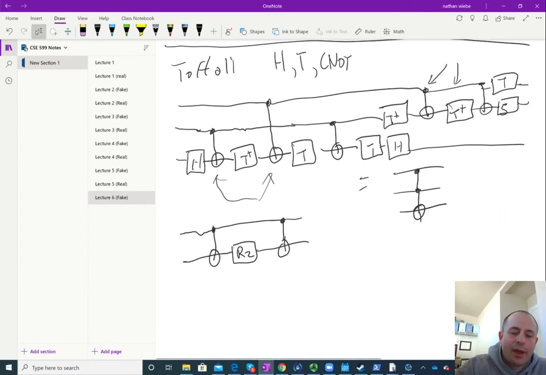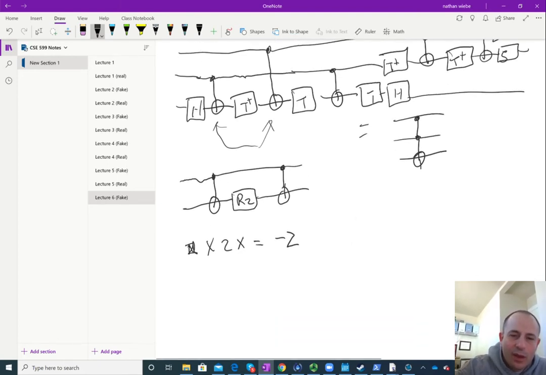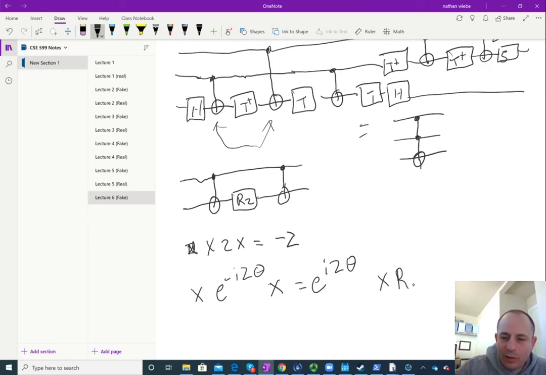Recall that ZX is equal to minus Z. Therefore, e to the negative i Z theta with X's put around it is equal to e to the i Z theta.